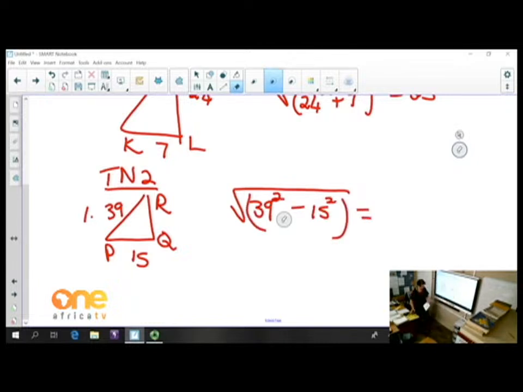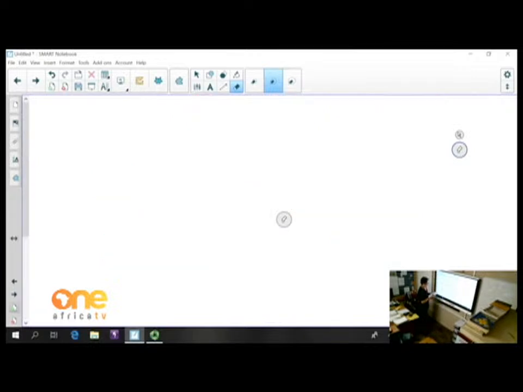And again, we can do it on the calculator. The square root of brackets, 39 squared minus 15 squared, it will be quite a large number, is equal to 36. So you must just make the decision. Am I going to add or subtract? What am I going to do every time? Add or subtract?